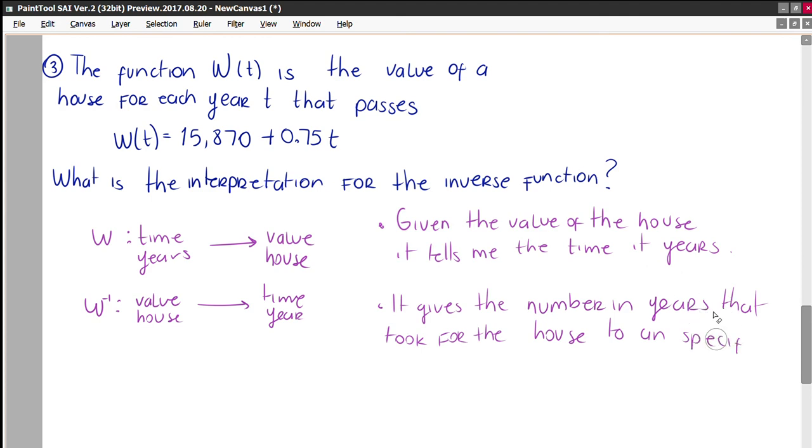Or just for the sake of simplicity, to be a value. So that is how we interpret inverse functions.